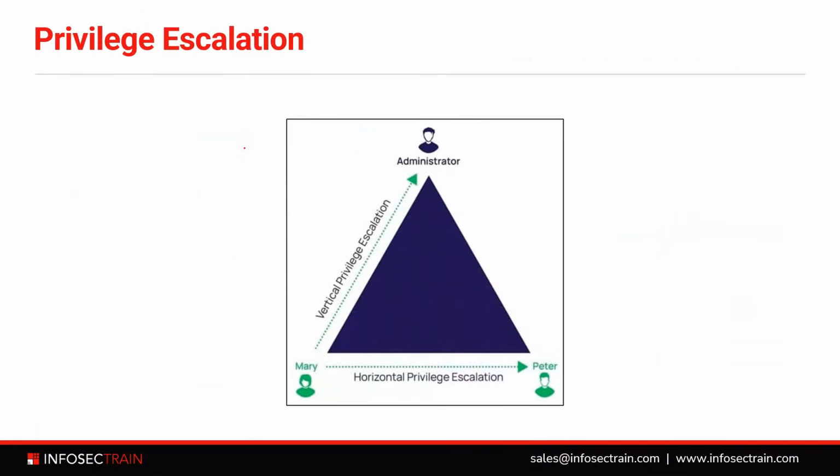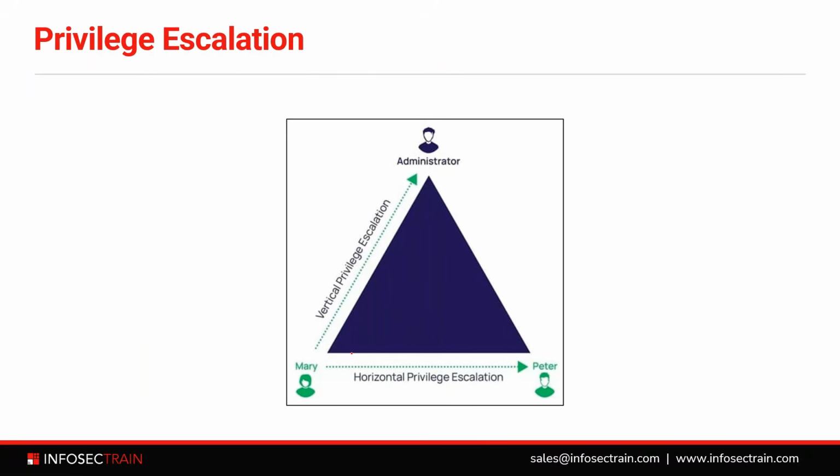Next thing that we have is privilege escalation. When we talk about privilege escalation, it means that you are a normal user, and from a normal user, either you are becoming another normal user or you are becoming root user.